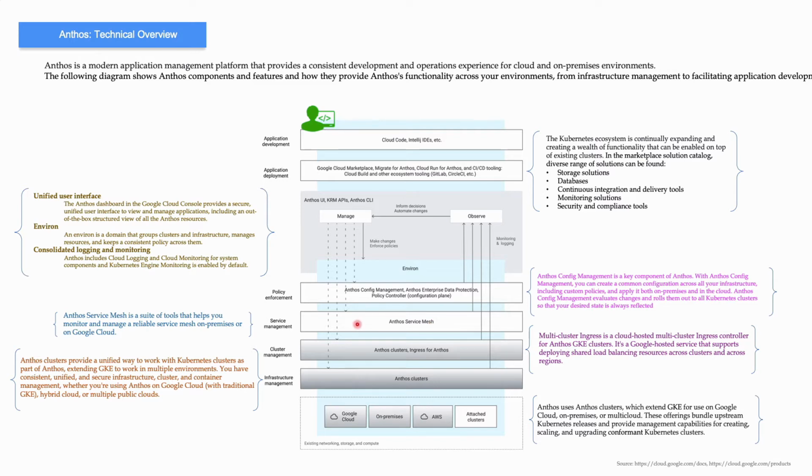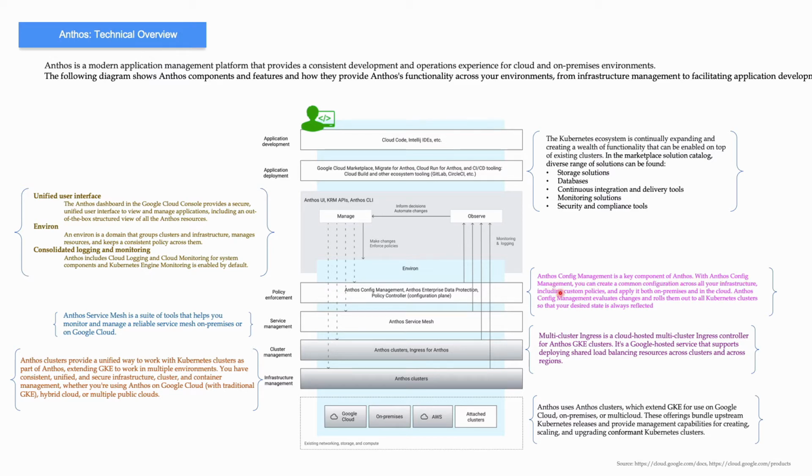Then another stack that is required is policy enforcement, anything to do with data, anything to do with security, and all of that. That's where Anthos has Anthos Config Management, which is a key component of Anthos.